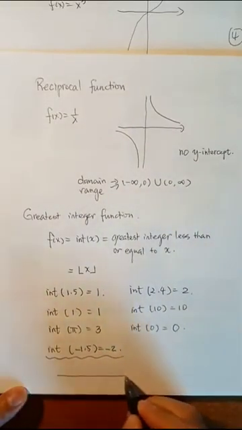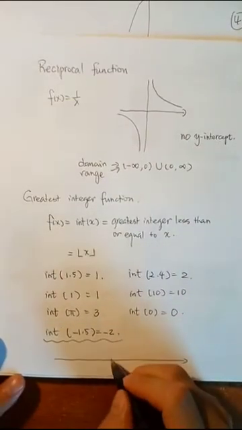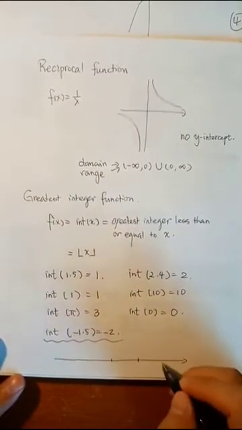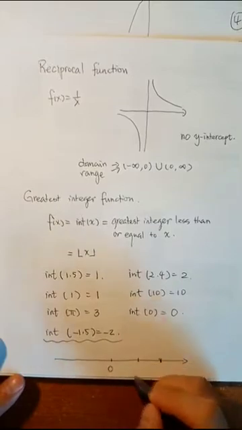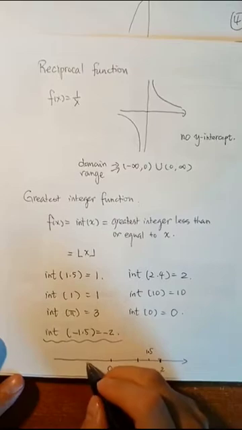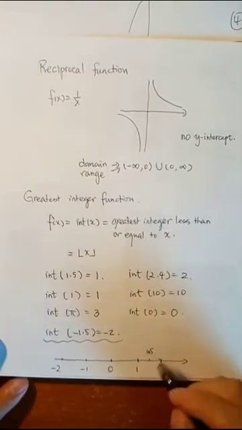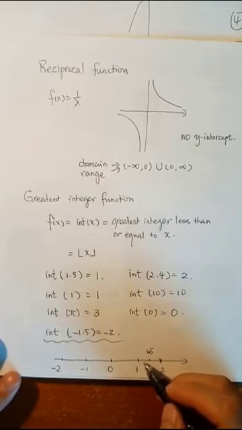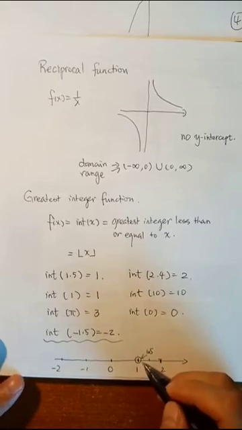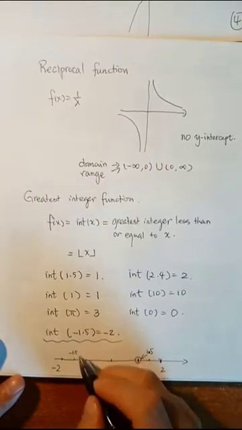If you have the number line, this function will be more clear. So 1.5 is here. The left integer close to it is 1. So this is our greatest integer. And negative 1.5 is here.